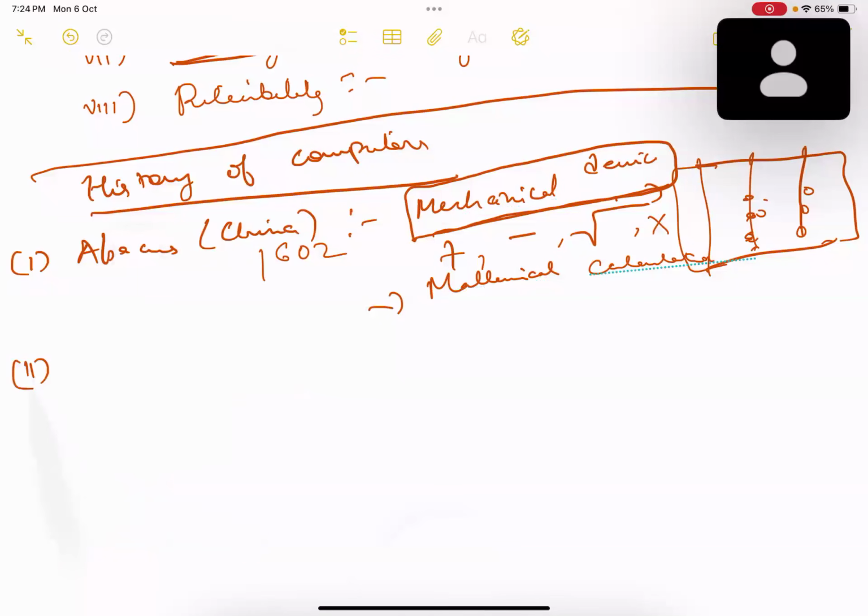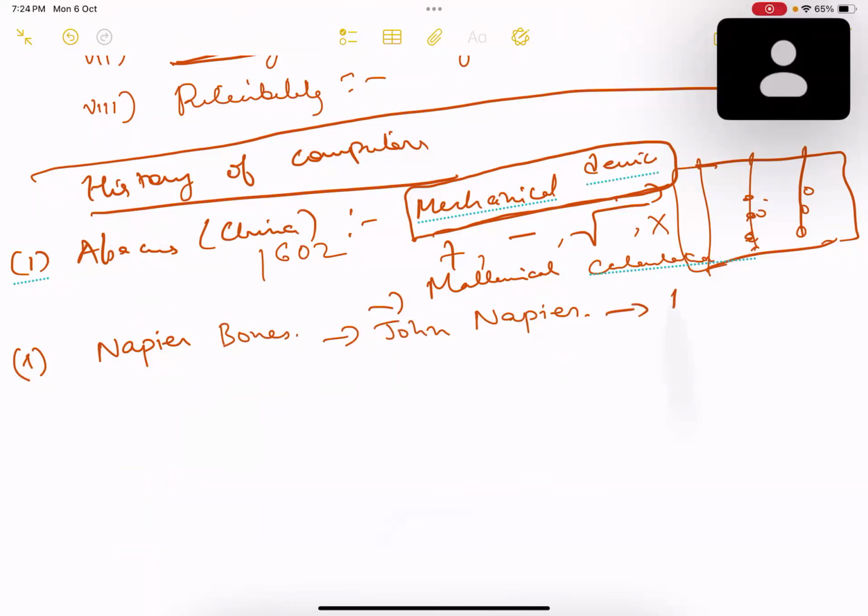Apart from this, there was something called the Napier's bones. It was developed by John Napier. He was a mathematician. This was mainly used for multiplication.